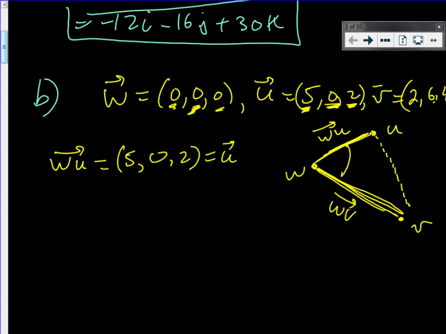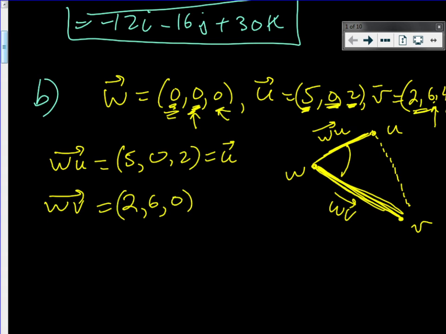The vector WV is determined the same way. You do 2 minus 0, you do 6 minus 0, and then you do 4 minus 0. Oh, coincidence. That's vector v. Now, it turns out that if you take the cross product of those two vectors and you find the magnitude of it and multiply it by a half, you'll have the area of this triangle.